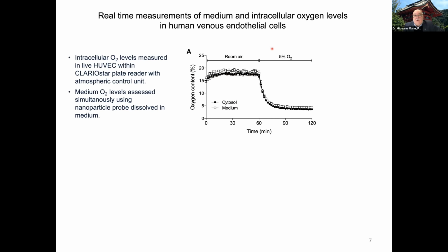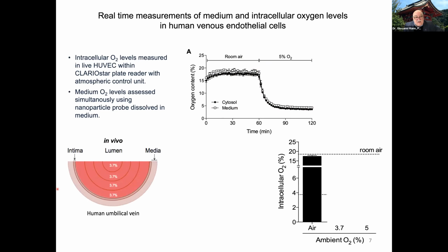As we lower the oxygen to 5%, we get a very rapid decrease in both the medium, the open squares, and the circles, and you will see it achieve somewhere around 3.7% oxygen. Now, let us look here at a human umbilical vein in vivo. These have been measured in the blood to have an oxygen concentration of around 3.7% or 3.7 kilopascals with flowing blood.